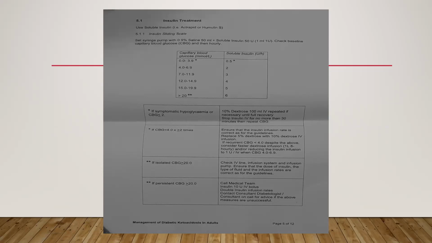And in terms of the capillary blood glucose, if it is less than 4, so obviously the patient has hypoglycemia, and hypoglycemia is treated with 10% dextrose.